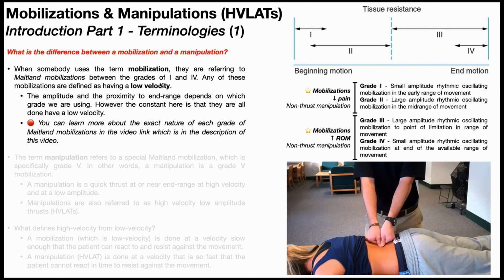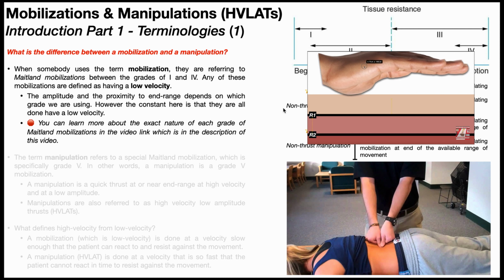The commonality between all of these mobilization grades is that they're done at a low velocity. Now the exact amplitude and the proximity to end range depends on which grade you're using, but the constant is that they're all done at a low velocity.